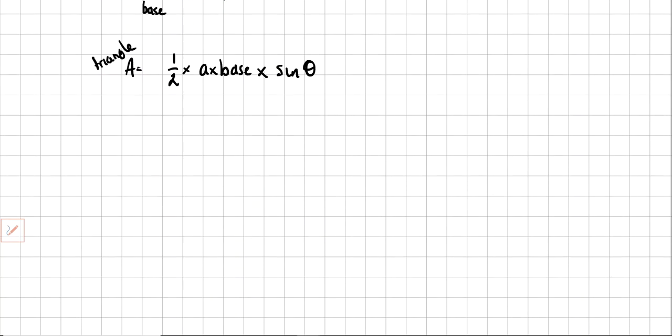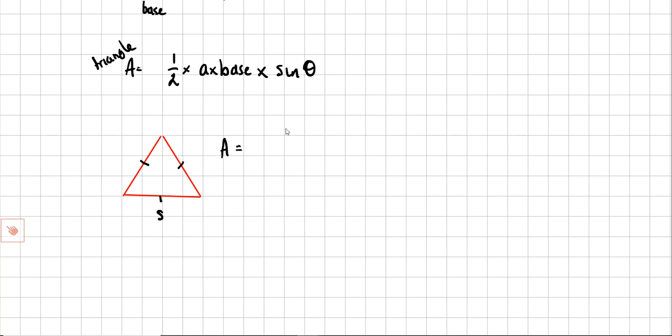Then let's have a look at the next one, which is, if we've got this triangle, what type of triangle do they say it is? So it's an equilateral triangle, right? And they've called it S for side. And the area of this triangle is what? Don't read it from the book.